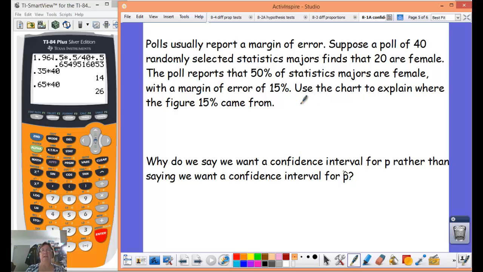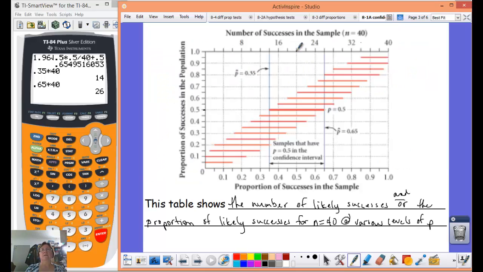So I'm going to get back to my chart real quickly. So the report said that 20 of the 40 students were women, and they reported that as 50% plus or minus 15.